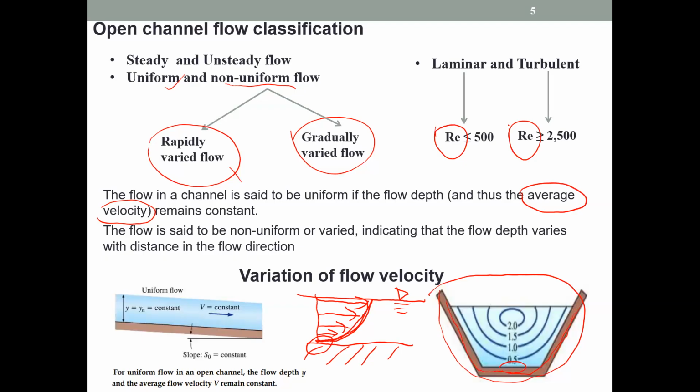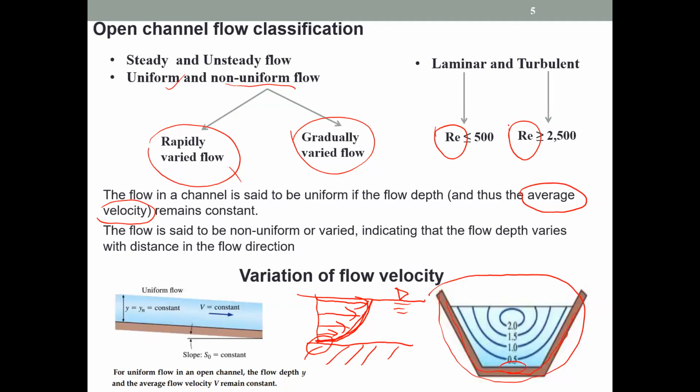It depends on the application. For pipe flow, we use the threshold 2000. Whenever the Reynolds number is less than 2000, we call it laminar flow. If it is more than that, the flow is becoming turbulent. There is a transition region, of course, but the flow is becoming turbulent.